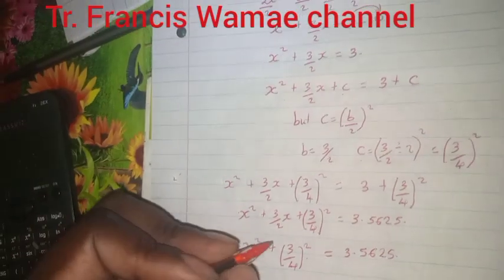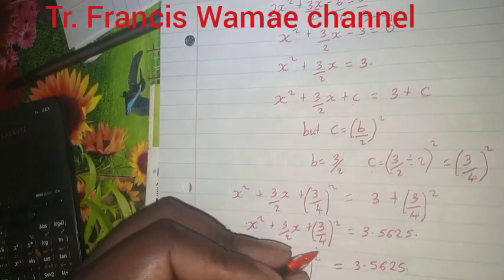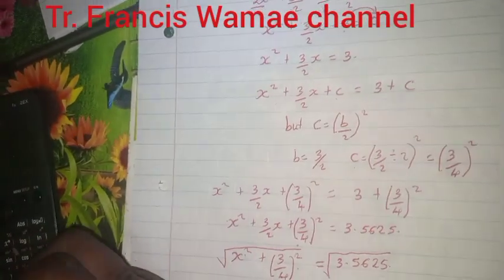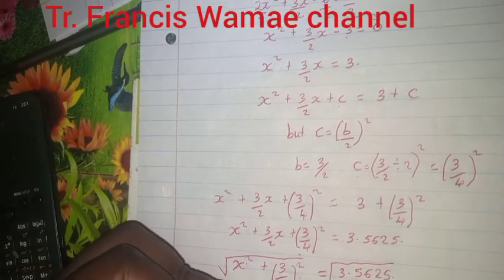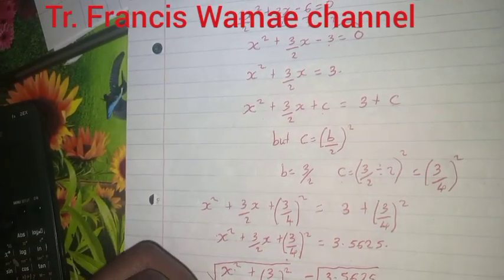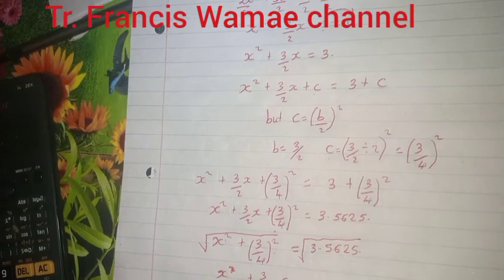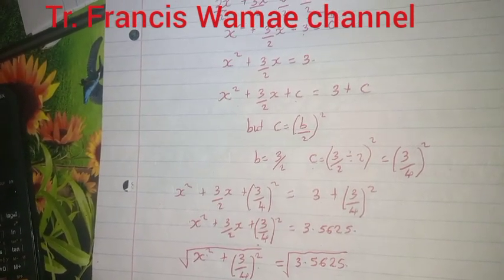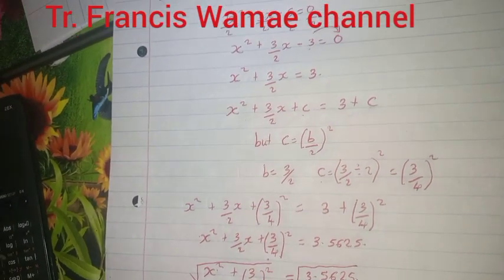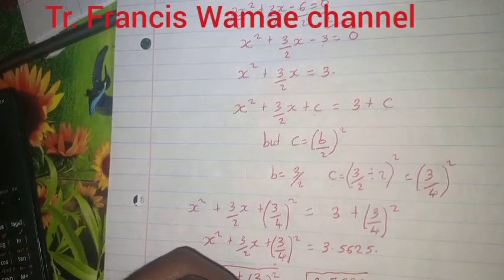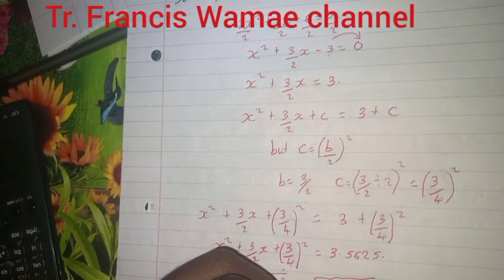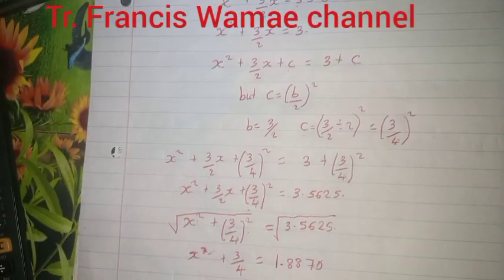For that, if we take the square root on both sides, we will have, not x squared now, it will be x plus 3 over 4 is equal to the square root of that number, which is gonna be 1.8875.